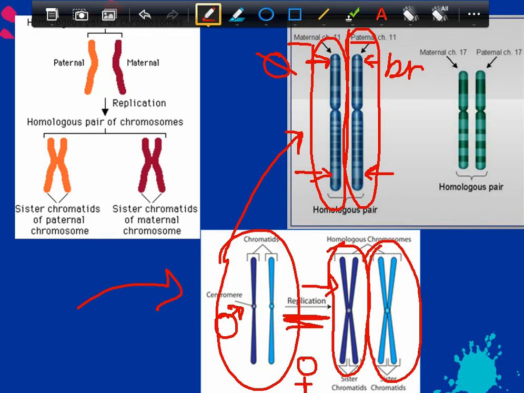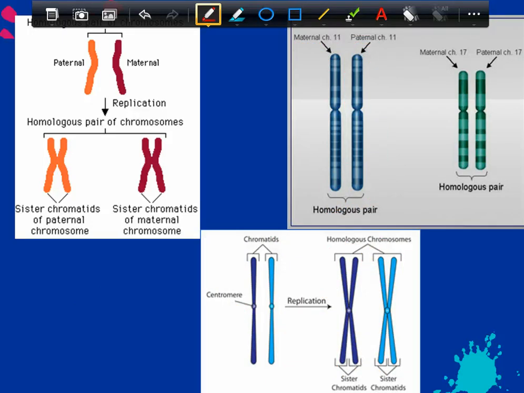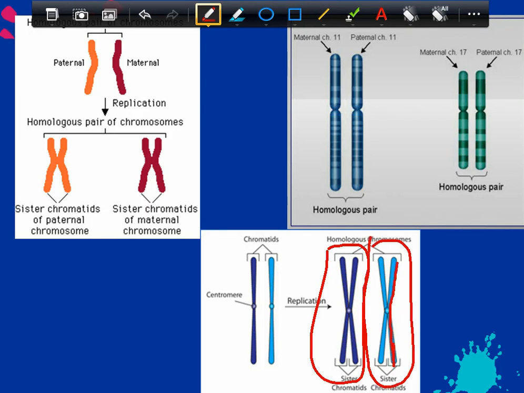Now, you have only got 2 chromosomes here. All right? This is a chromosome here. This is a chromosome there. Now, granted, this guy right here is a duplicate of the sister right there, and this is a duplicate of the sister here, but they're duplicates.